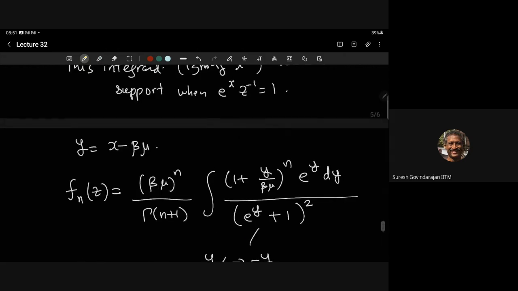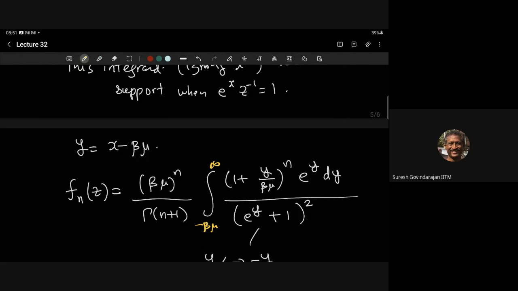One more thing we can do: if you look here, the limits will be from minus beta mu to infinity. But beta mu is very, very large. If you look at the integrand, it is exponentially suppressed, going like order e to the power minus beta mu.